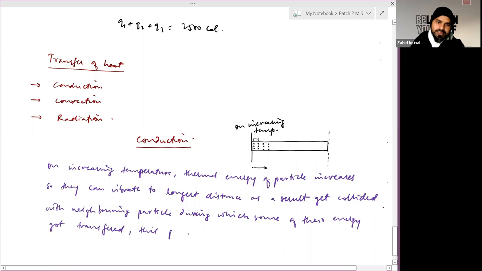This process will continue till heat or energy reaches the other end.